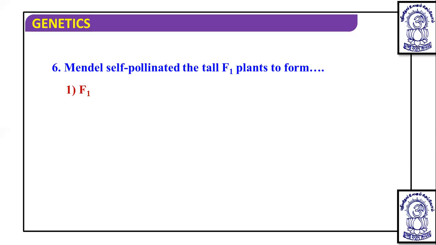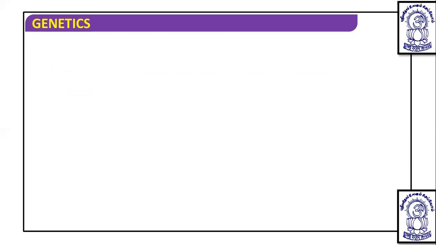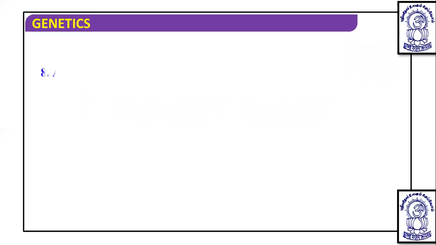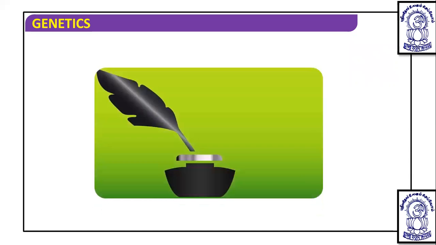Mendel self-pollinated the tall F1 plant to form F2. What are the units of inheritance? Units of inheritance is nothing but a gene. An alternative form of a gene is called an allele. Okay, so this is about the monohybrid cross and the laws which are derived on this.